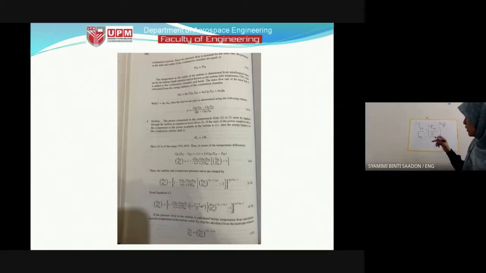So here we want to calculate PO5. We use this isentropic equation.